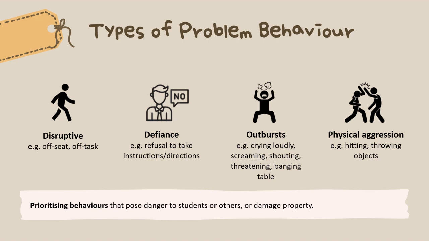They are disruptive behavior, such as off-seat and off-task, defiance such as refusal to take instructions, outbursts such as crying loudly, screaming, shouting, threatening, and banging table. Physical aggression, such as hitting and throwing objects.